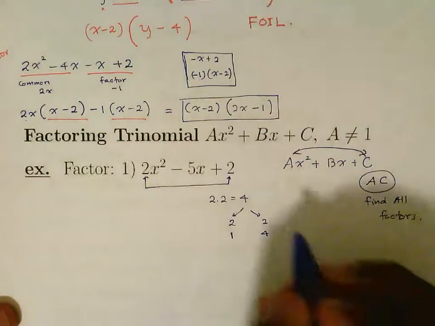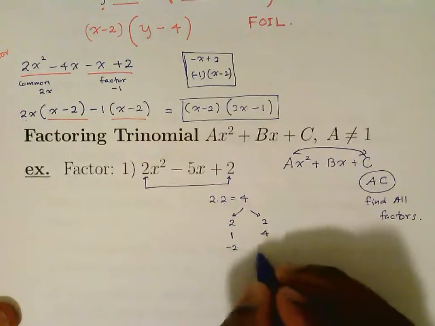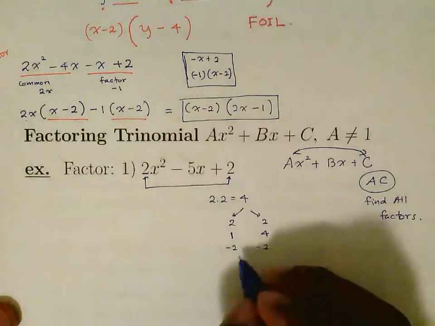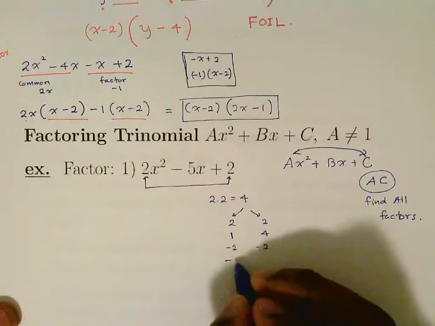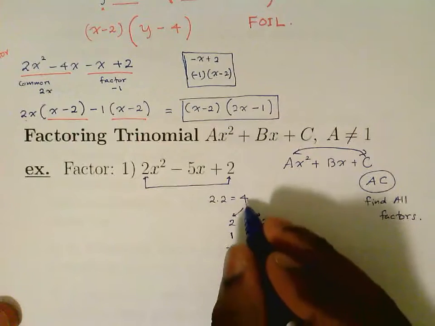And because it's plus 4, there are 2 more factors, -2 and -2, and also -1 and -4. When you multiply these numbers, you end up with 4.